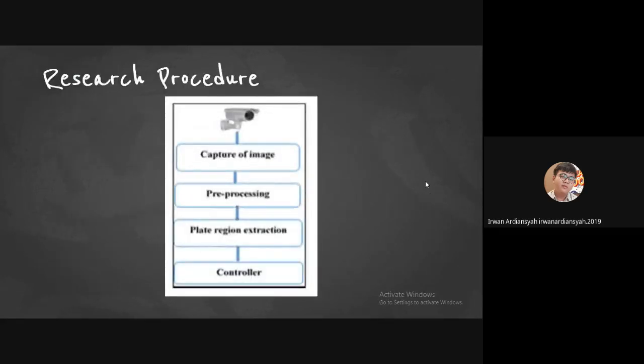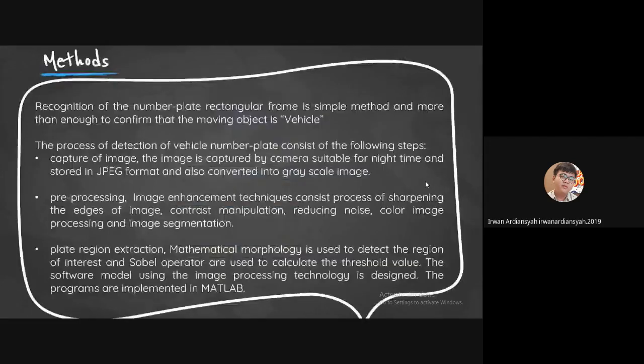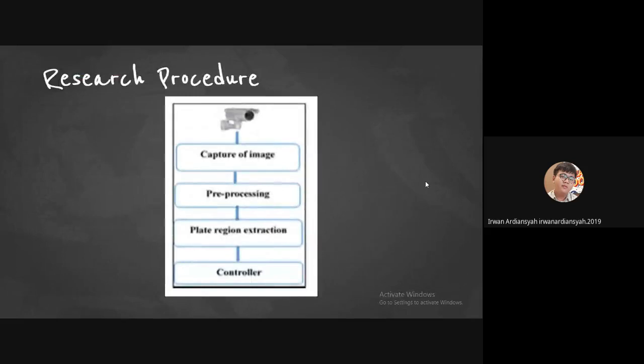So the first is check night or day using the LDR sensor, and then capture of the image. Then there will be pre-processing. Pre-processing is image enhancement. It consists of the process of sharpening the edge of the image, contrast manipulation, reducing noise, color image processing, and image segmentation.